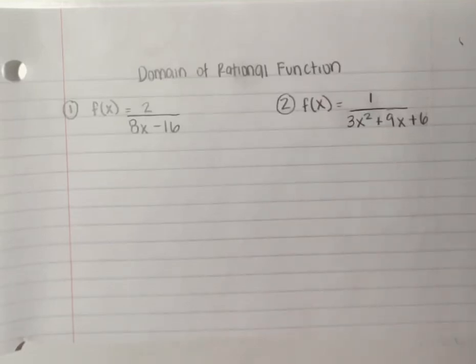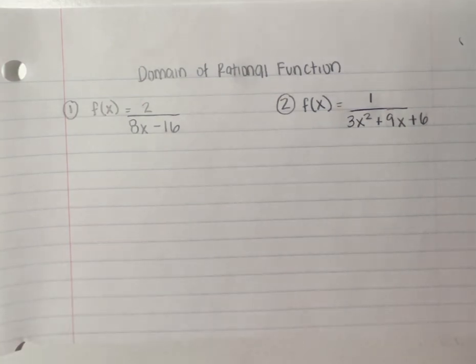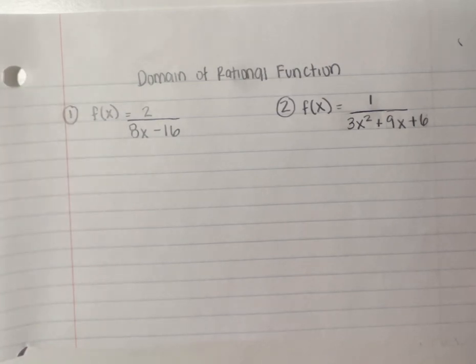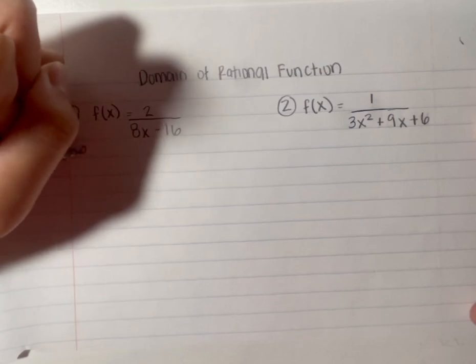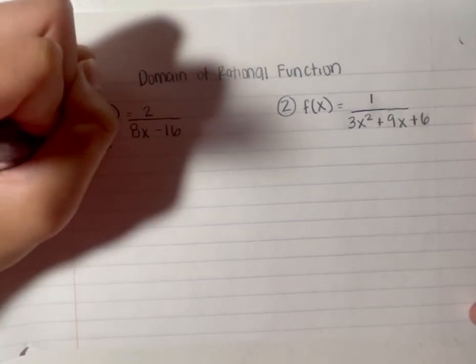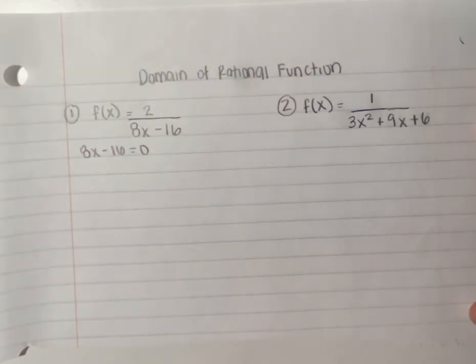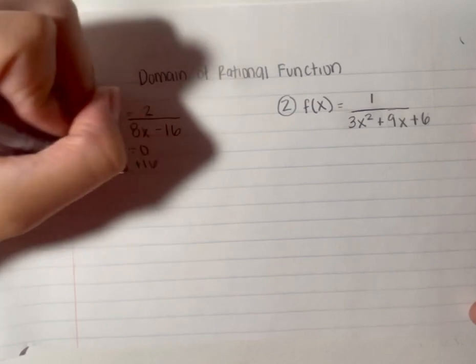Hi everyone, I will be showing you how to find the domain of a rational function. So for number 1, 8x minus 16 is the denominator, so you would set the denominator to 0. So 8x minus 16 equals 0, and then you add 16 to both sides.